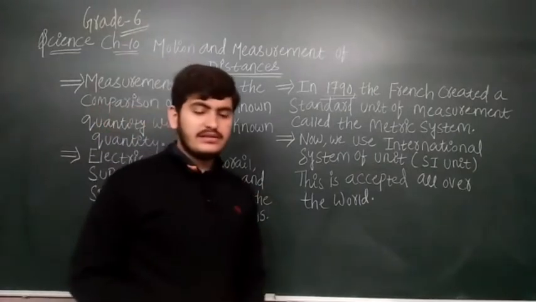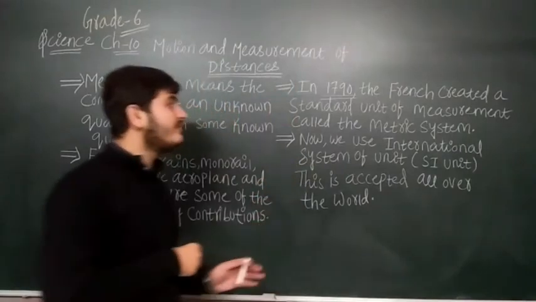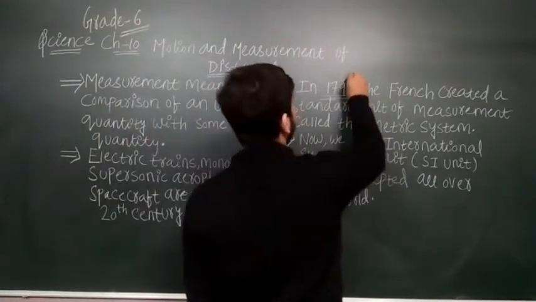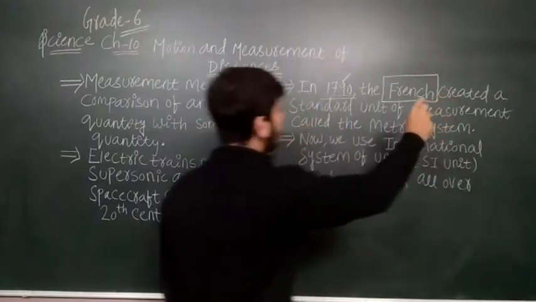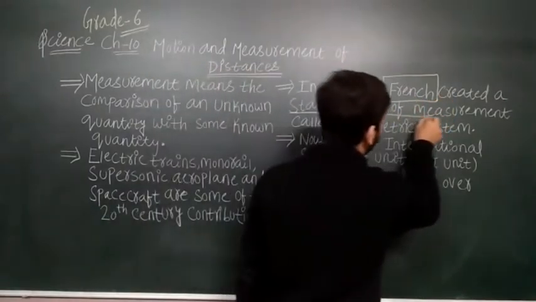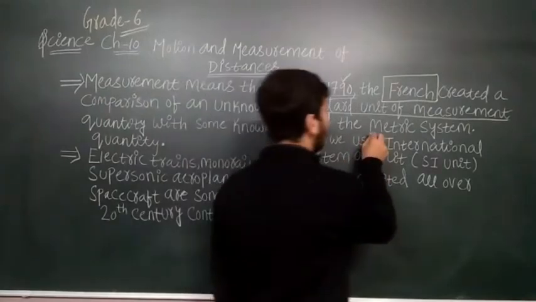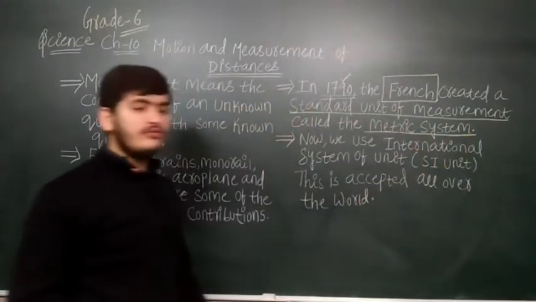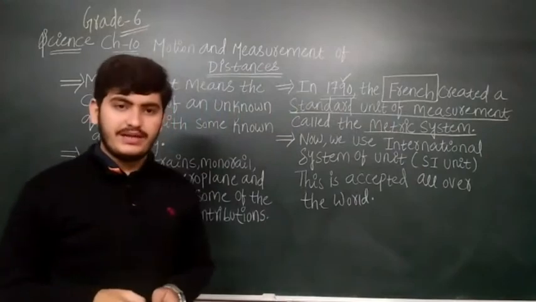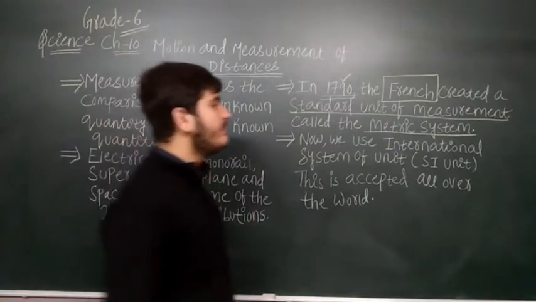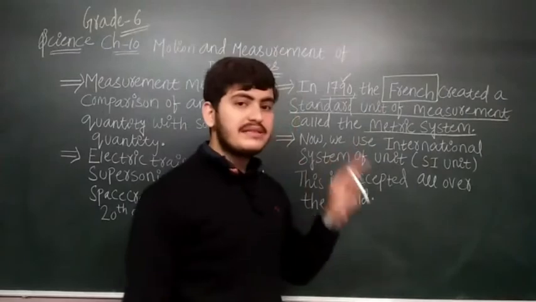To remove the confusion, to know the exact measurement between any two places, in 1790 the French, just remember the name of this country, created a standard unit of measurement that you already studied in the geometry part in grade 5. It is called the metric system.